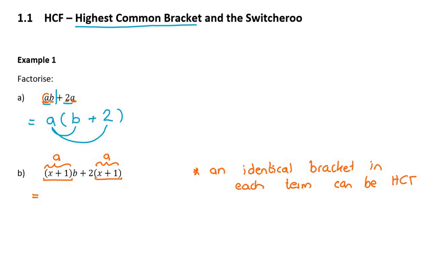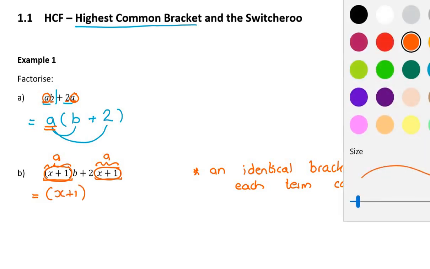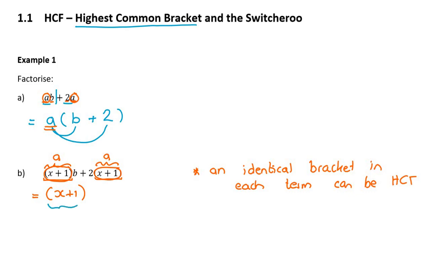In A, we saw, look, A is common, and we took it out. So here I'm going to say I don't care what's in the bracket. It is identical in both terms, and so I'm taking the entire bracket out as a highest common factor. It's almost exactly the same as the previous question where we took out an A. So I'm taking out x + 1 as the highest common factor.